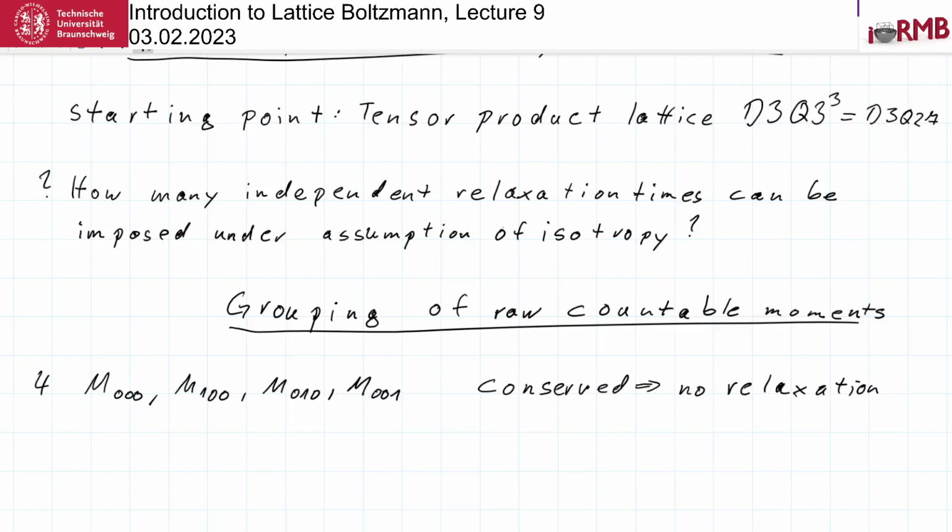So the zero one is of course the mass or the density, depending on how you define it. And the others are the momenta, or sometimes they could also be the velocities if we define it in a different way. So 4 of them are conserved.